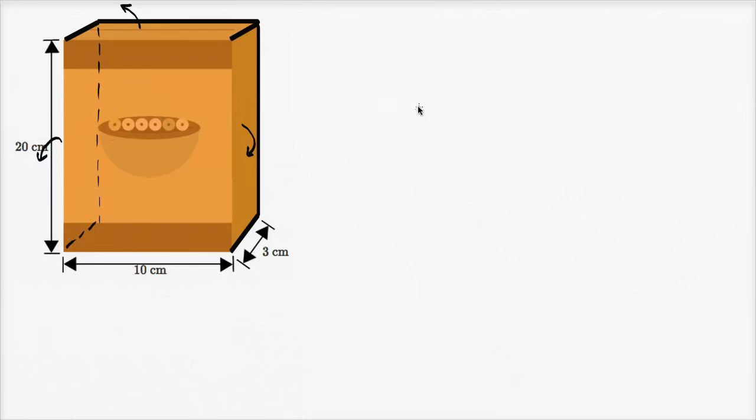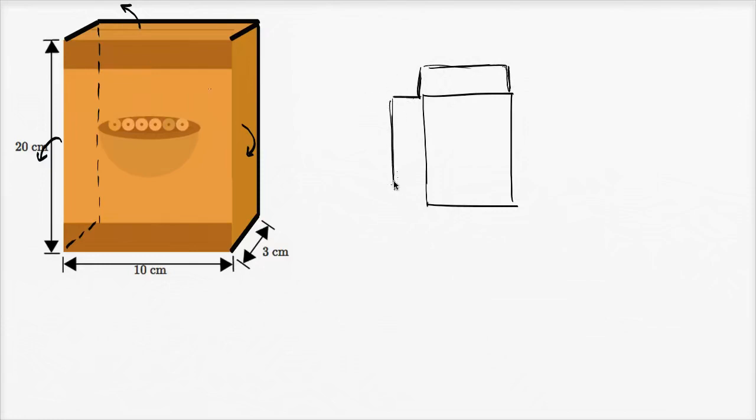Well, we would have the front of the box. I'll try to draw this as neatly as I can. So the front of the box looks like this. We would have this top flap, which looks like this. If we were to flatten it all out, we have these 2 side flaps. So that's a side flap. That's a side flap. And then this is this side flap right over here. That's a side flap.